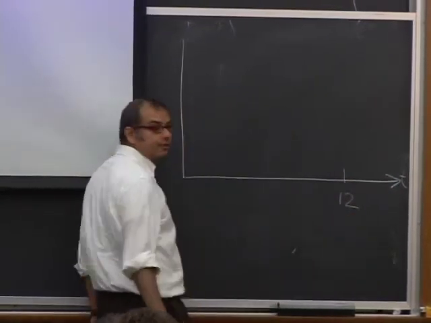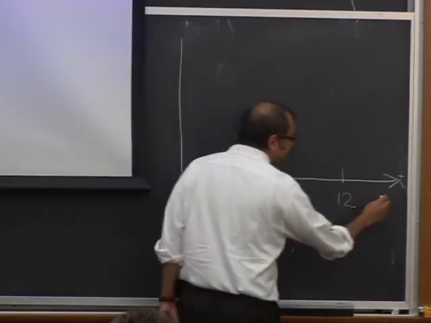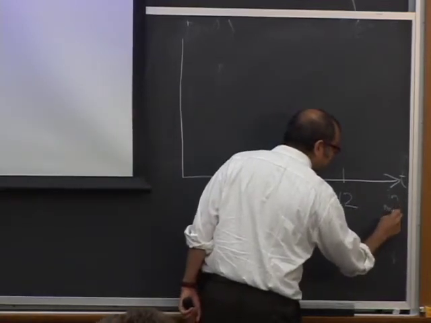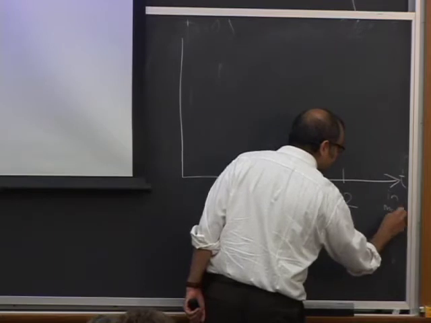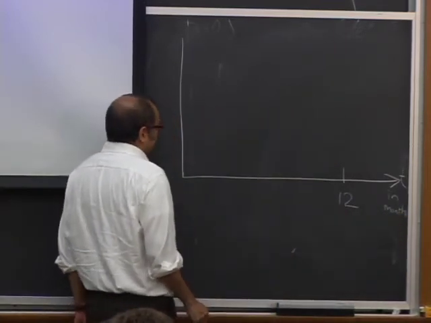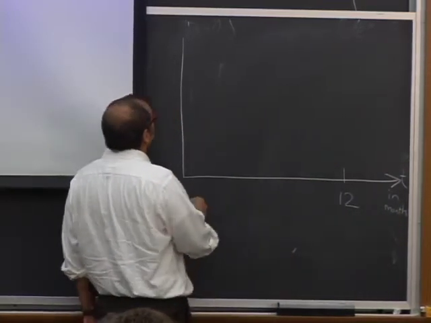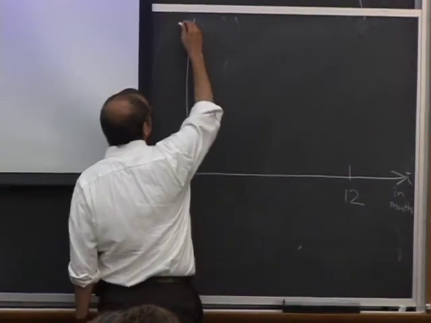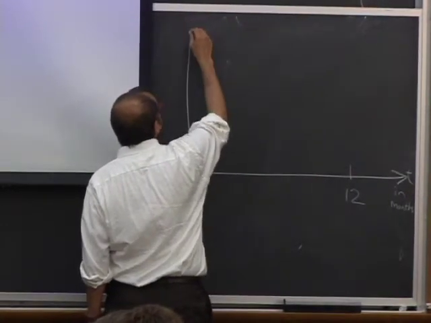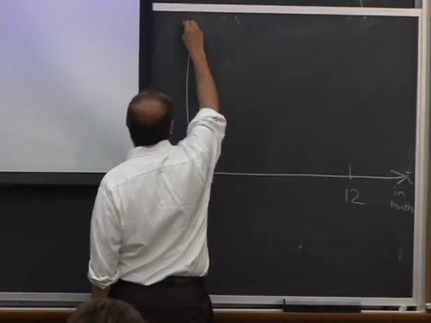Okay, so let's say this is 12 months. This is time in months. And you're going to order, this is the order size, what did we call it? X, right?